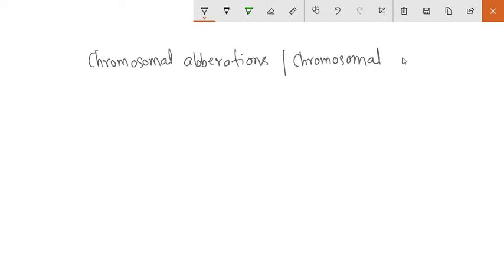The chromosomal mutation means there is a change in genome. That change in genome is known as the chromosomal aberration.